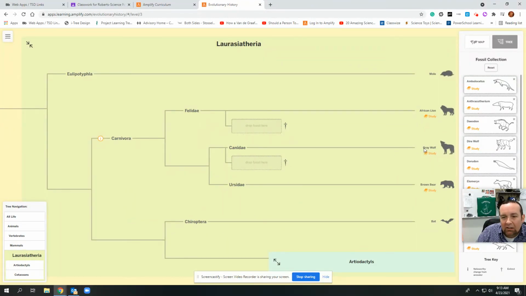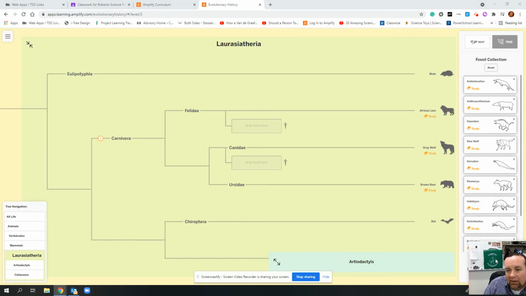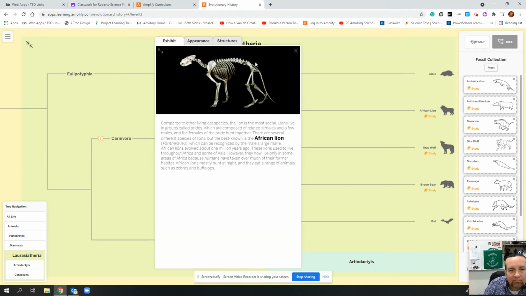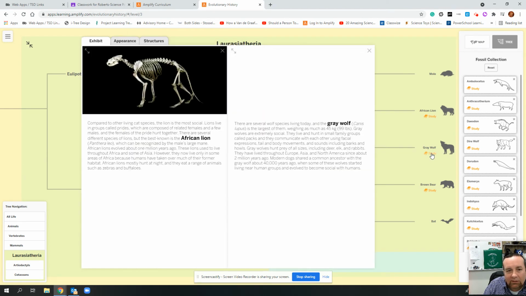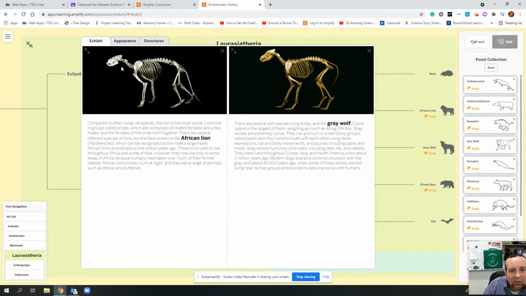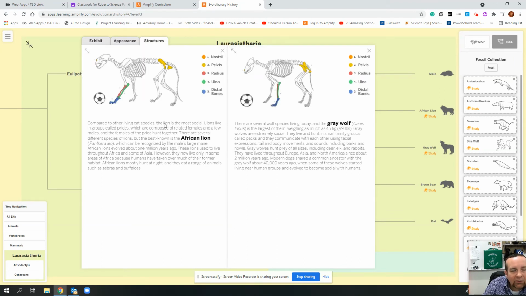All right. So what we're going to be studying here is the direwolf and the saber-toothed cat, and we're going to try to figure out which one of these two places they go. So let's go ahead and just look at the wolf and the lion, both present creatures. Let's look at their structures.